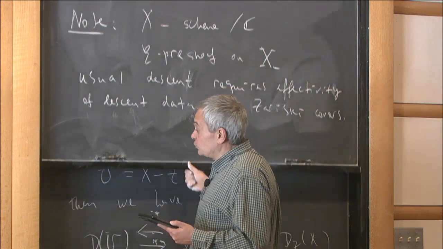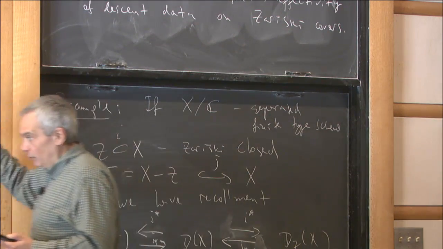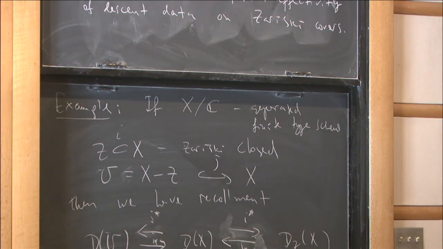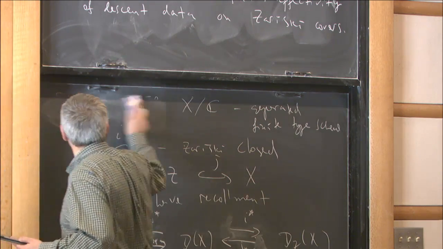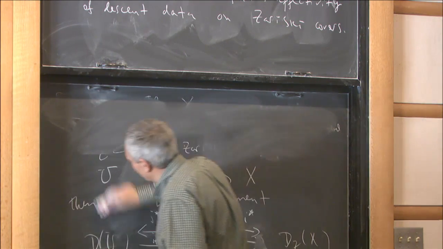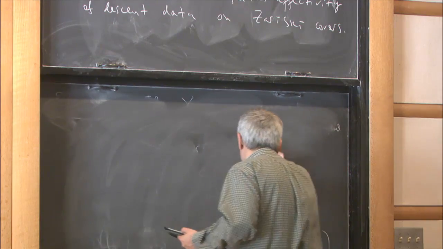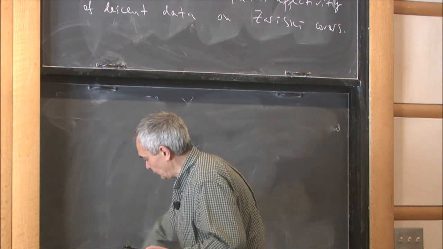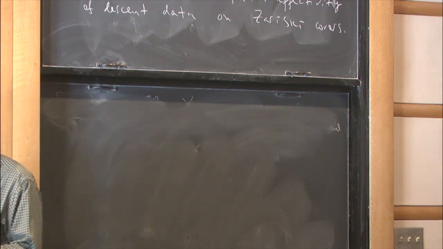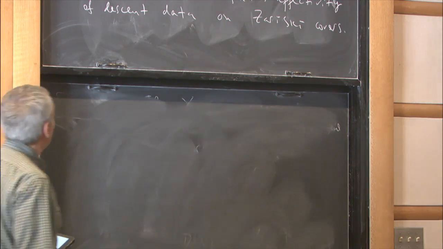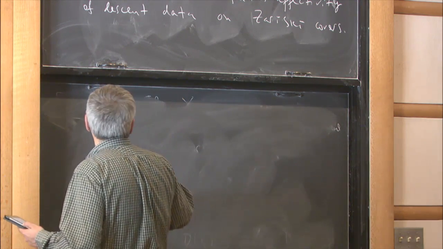Okay, so this works for arbitrary sheaves, and the non-commutative localization is really something that uses a slightly different notion of descent, which only works for quasi-coherent sheaves. And this is what it really encodes in the non-commutative world.